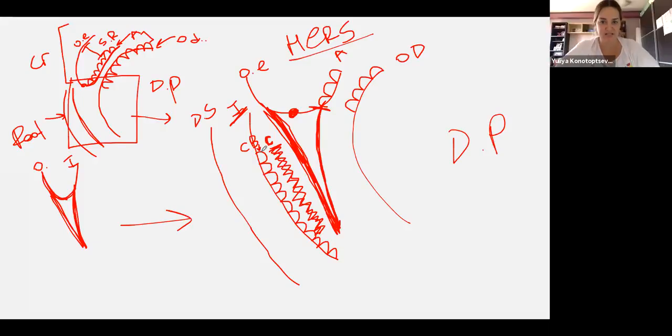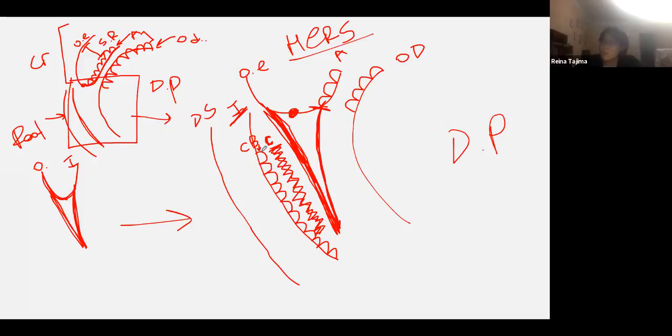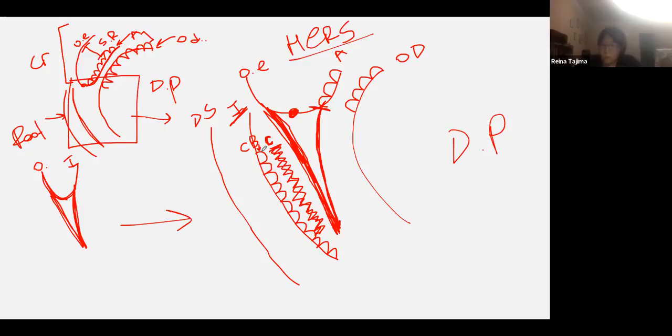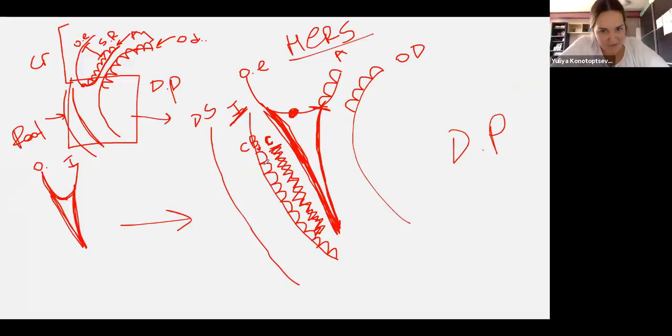So which cells give rise to cementoblasts? Neural crest cells. But don't forget our department calls them something else. Ectomesenchymal cells. Ectomesenchymal cells give rise to these cementoblasts. These cementoblasts secrete cementum.